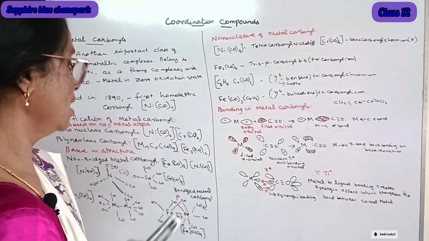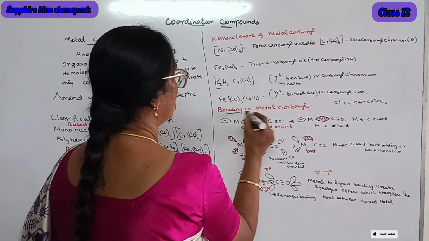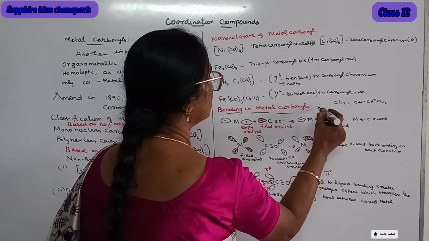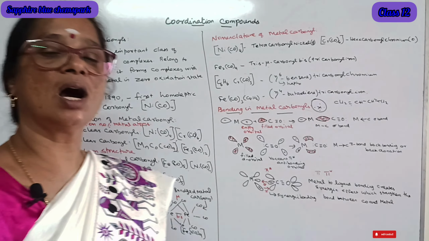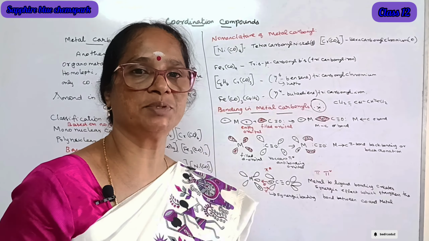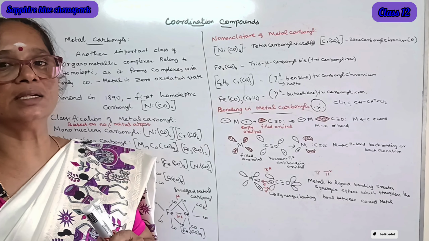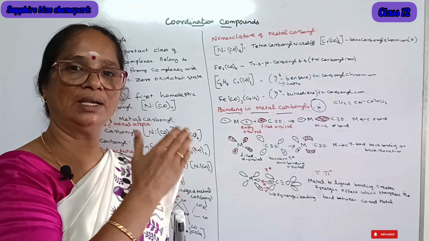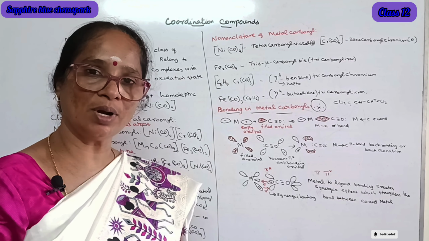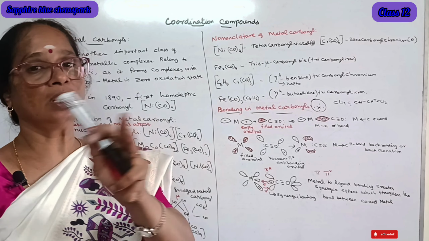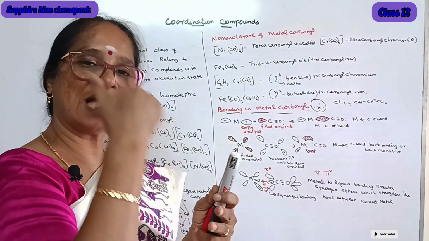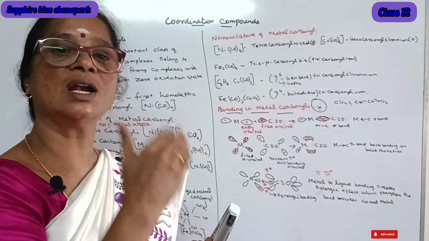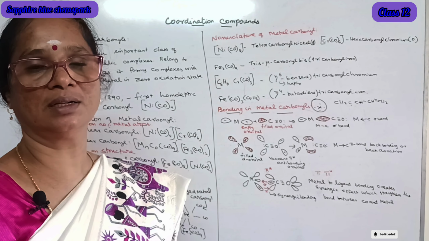The next one, bonding in metal carbonyls, is a most important concept. In metal carbonyls, we have 2 types of bonding. One is ligand to metal bonding, the other is metal to ligand bonding. Here, one bond is formed by the ligand to metal, which is a sigma bond.